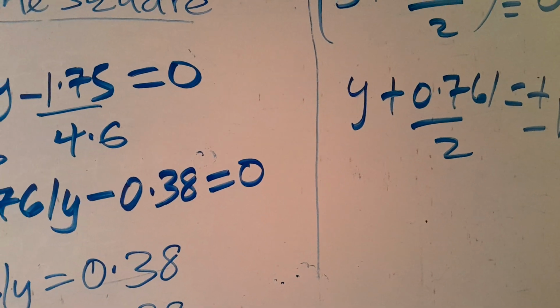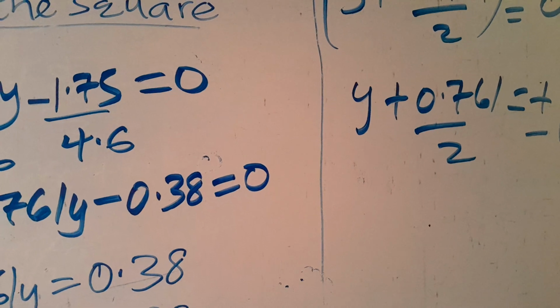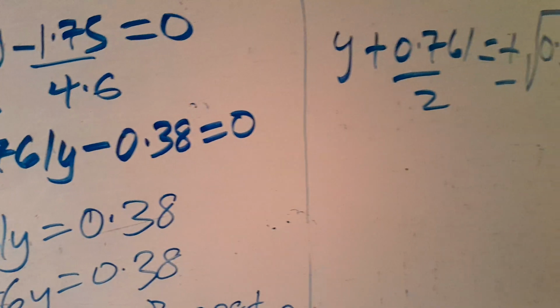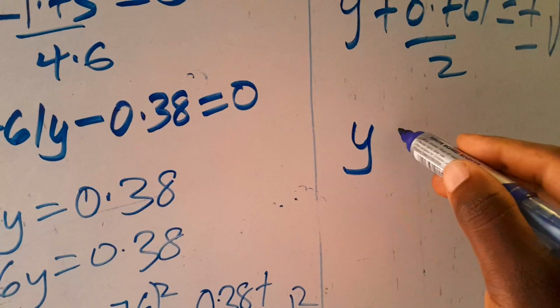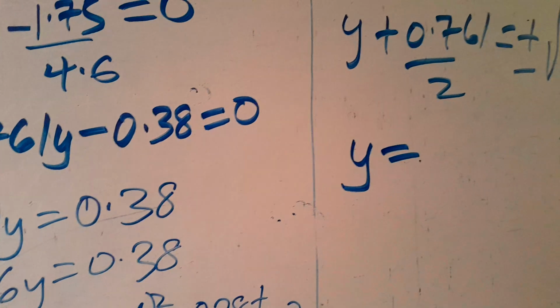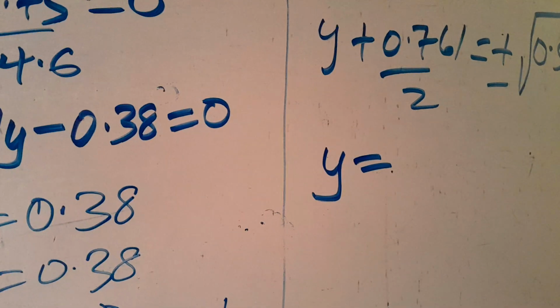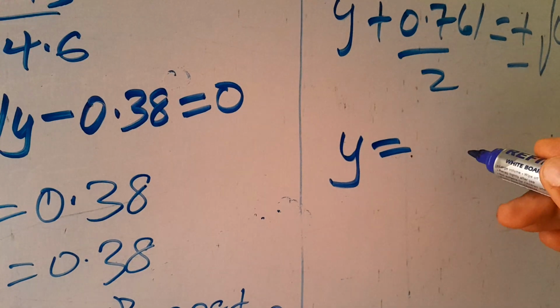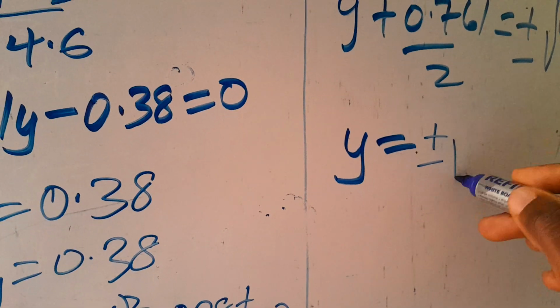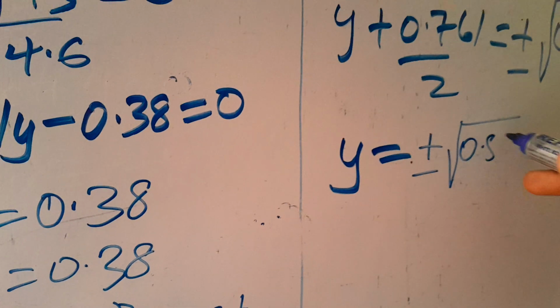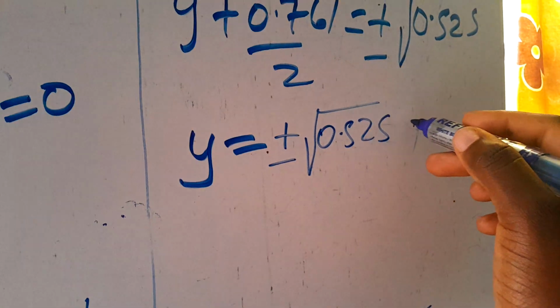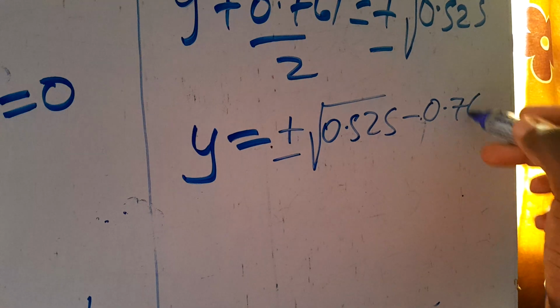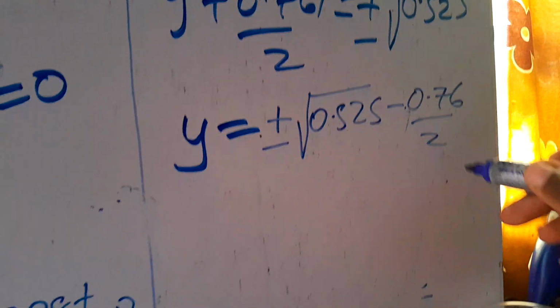If you solve this equation, you will end up having the value of y. Let's solve this together. y is equal to plus or minus the square root of 0.525 minus 0.76 over 2.